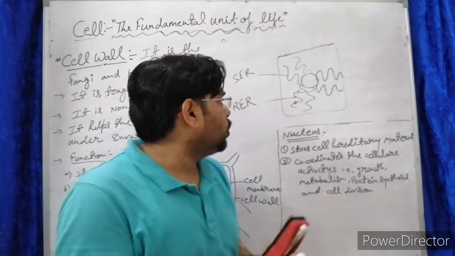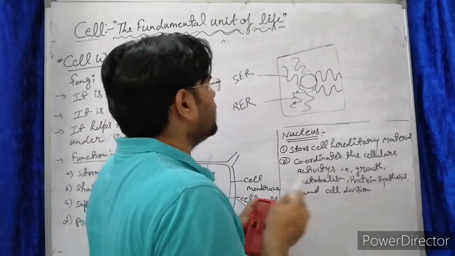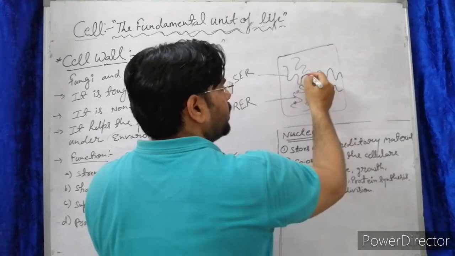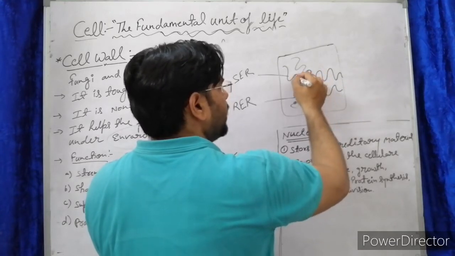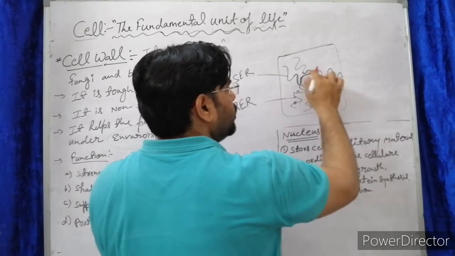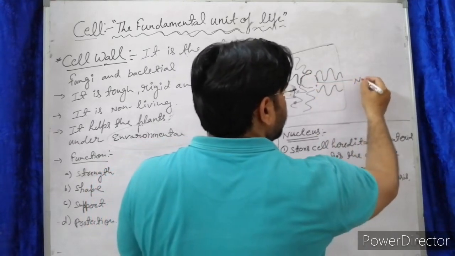Okay students, this is the structure of the nucleus. This is the inner membrane and the outer membrane, which gets folded to form endoplasmic reticulum, and in between it has nuclear pores.